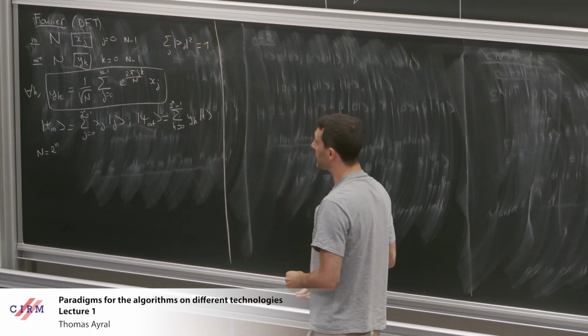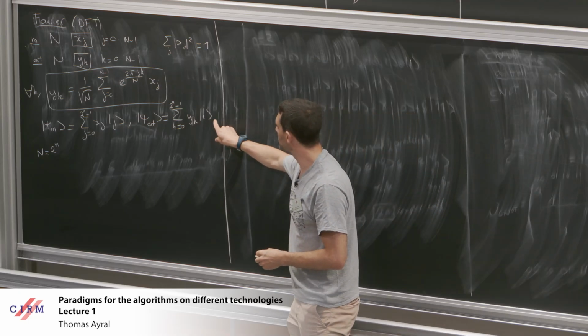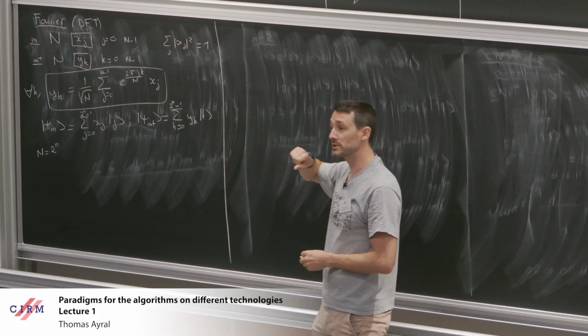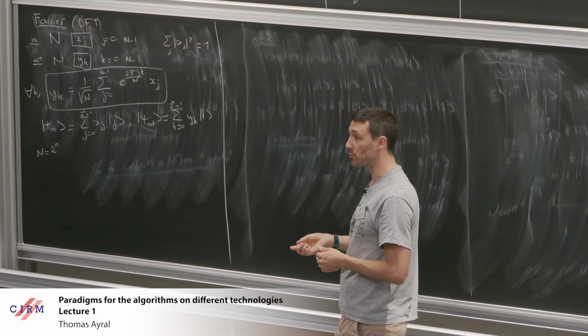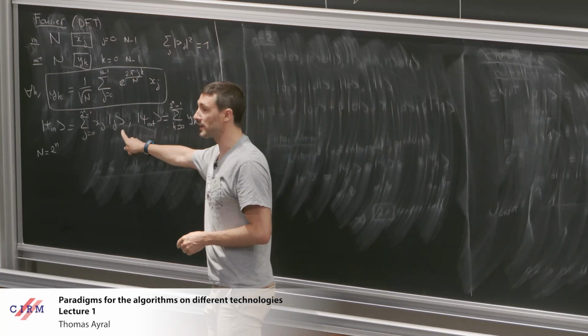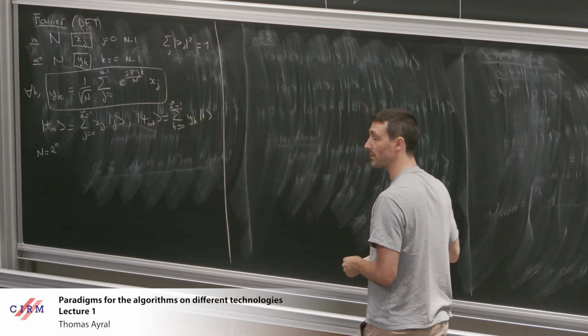The nice thing about quantum mechanics is that, as Mazia showed you, it's driven by a linear equation, which is the Schrödinger equation. So if I want to show a result, I need to show it only on one arbitrary computational basis state, and then it will be fine, because by linearity it will work for the others also.